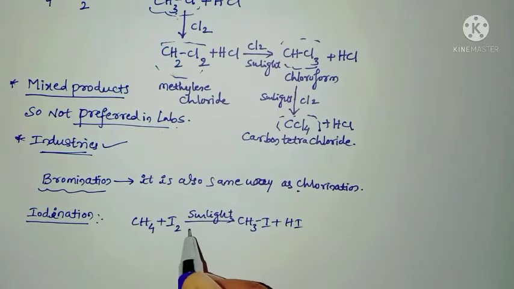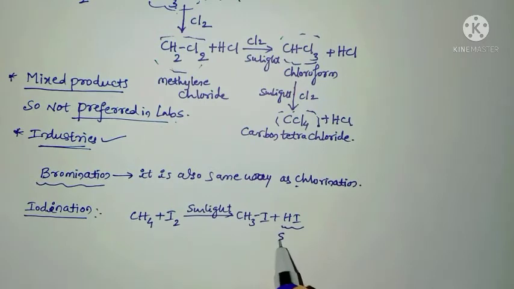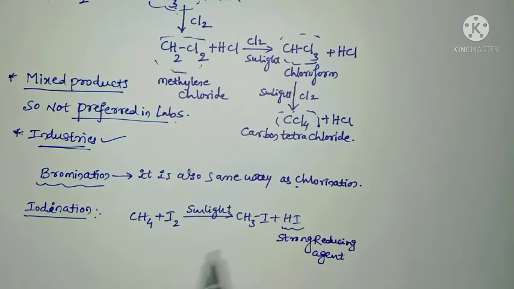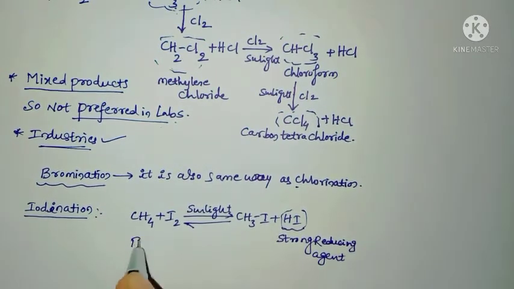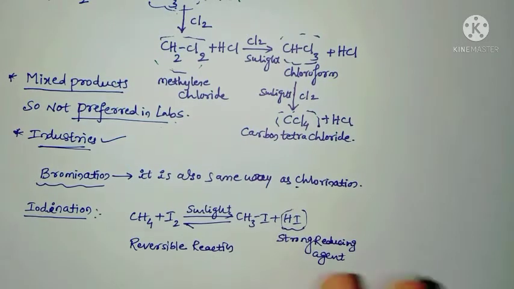This HI is a strong reducing agent. Because of this strong reducing agent, the reaction is reversible. If the reaction continues, methyl iodide becomes methane and methane becomes methyl iodide again. So this reaction is reversible.